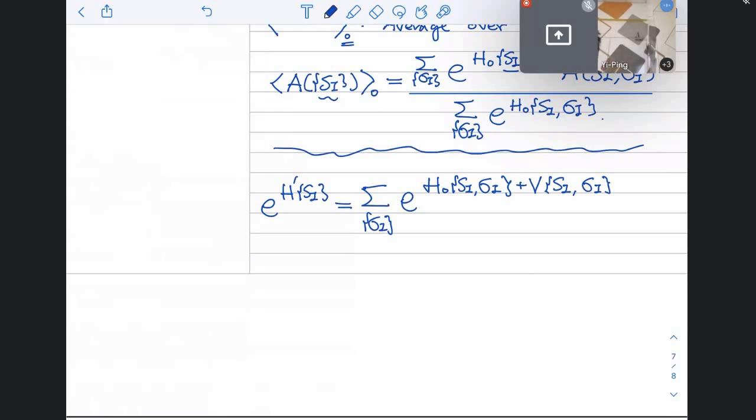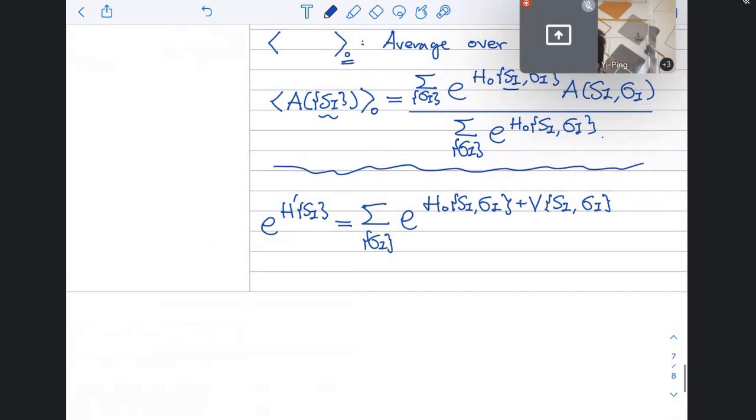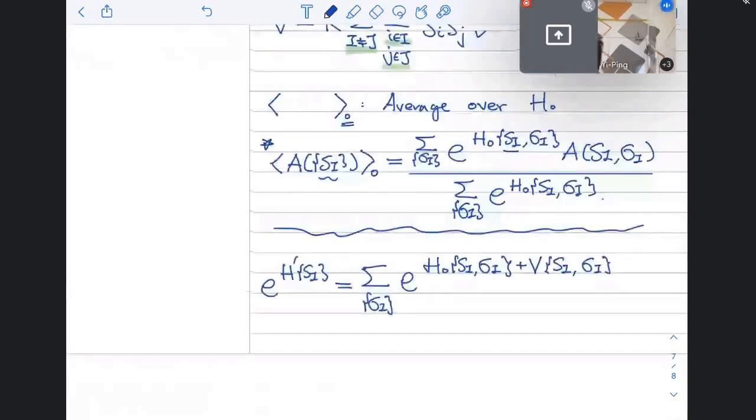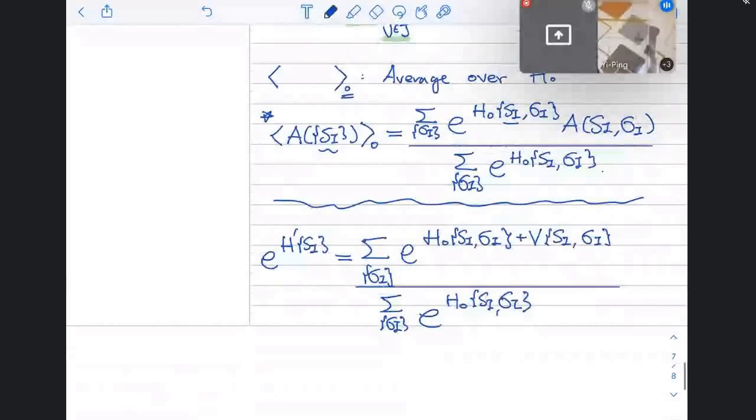Like the average over H0, you can rewrite this expression a little bit by dividing by exponential H0 of sigma I, and when you divide something, you just multiply the same thing back.